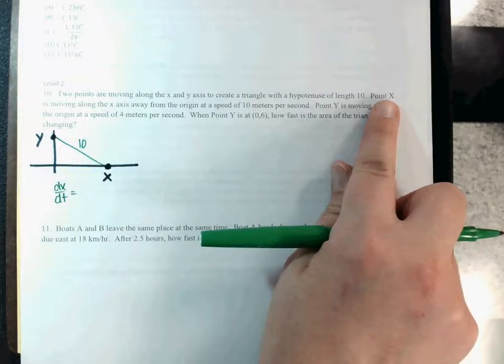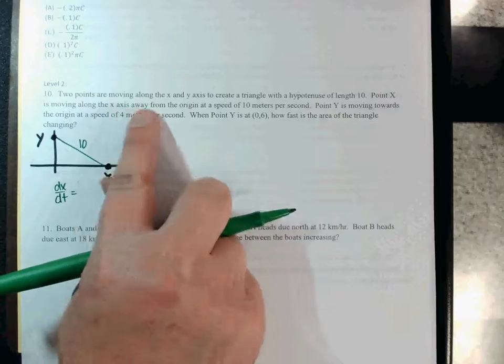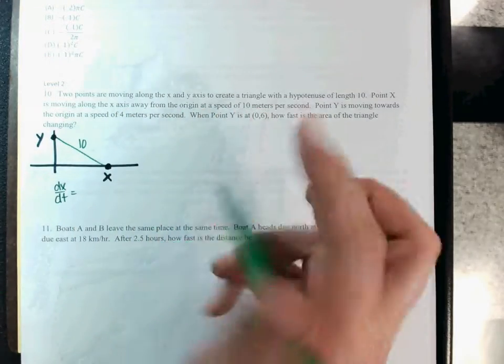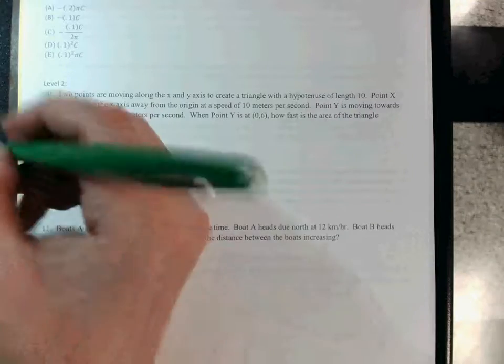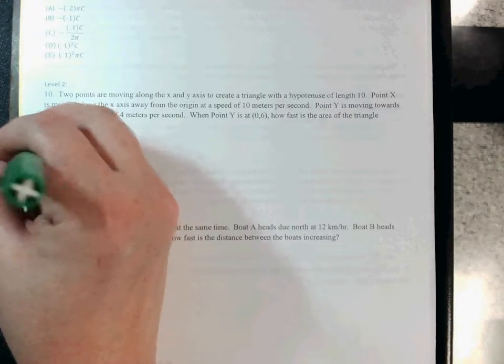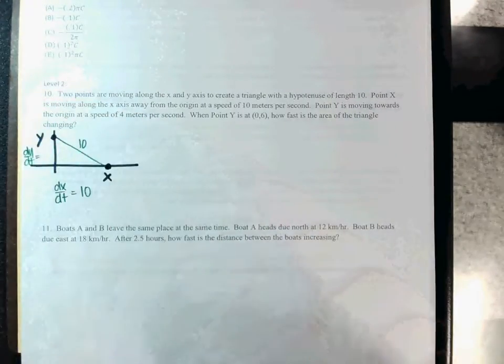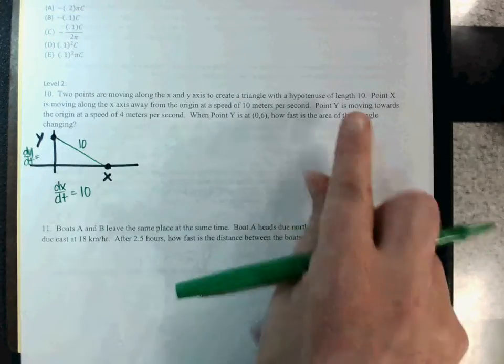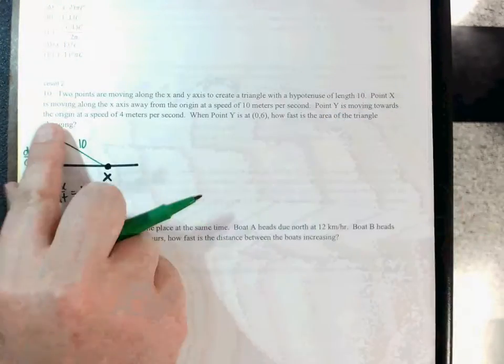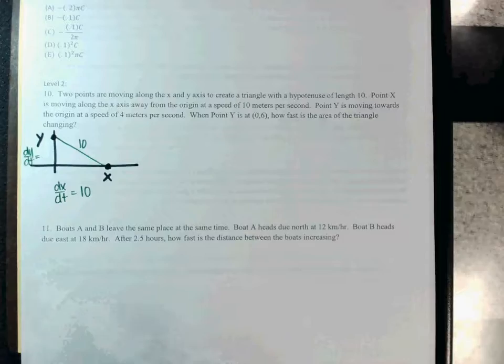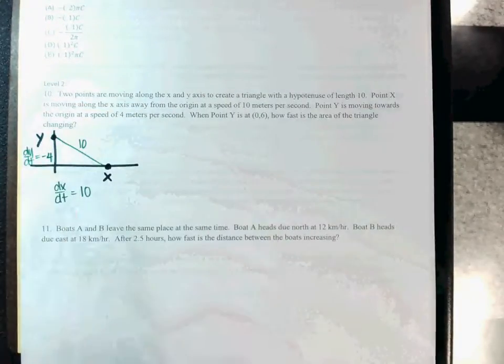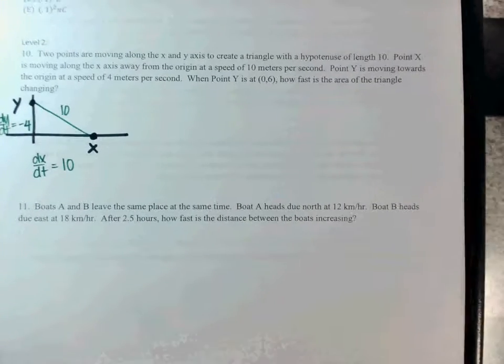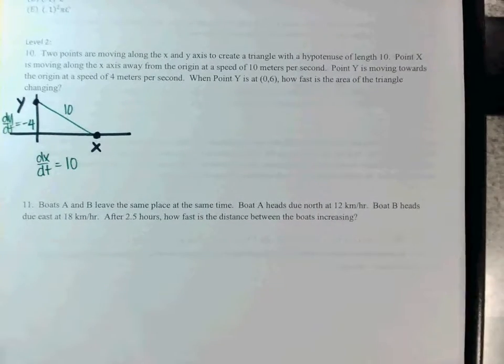I'll read it again. Point x is moving along the x-axis at a speed of 10. 10. What will dy dt be if it's moving towards the axis? It's moving towards the origin at 4. -4. Very good. Okay, now if you do the find given when, like I taught you, I'm not really organizing this well, but that would be your given.